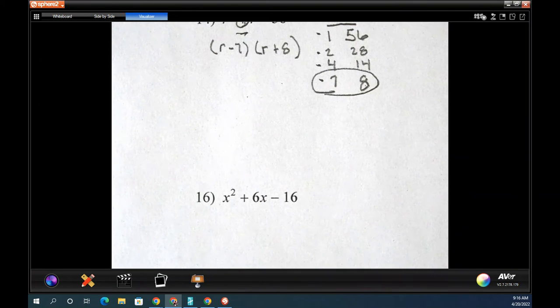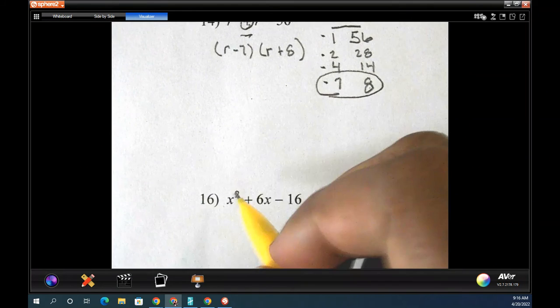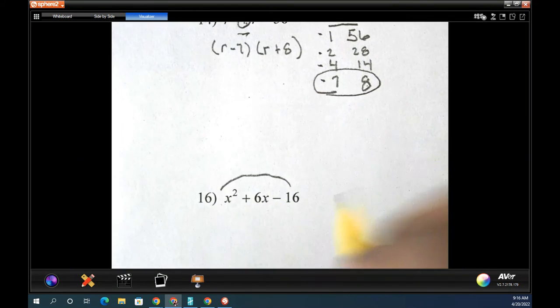All right. 1 times negative 16 is negative 16.